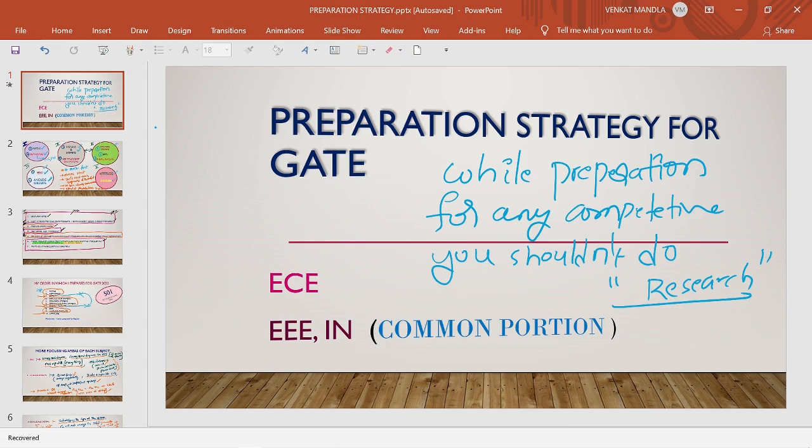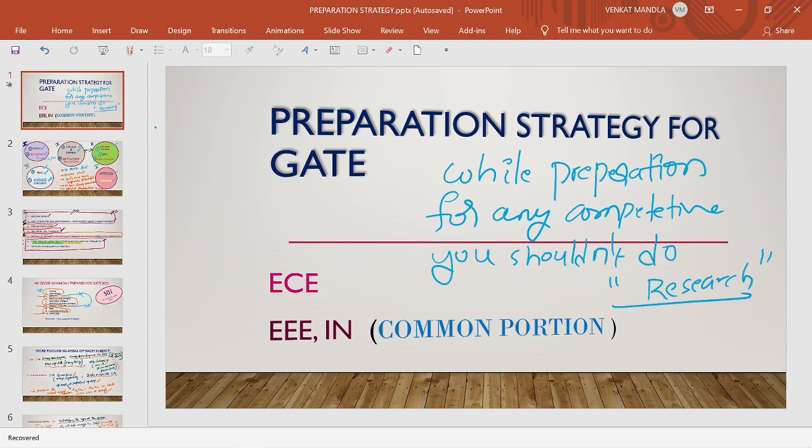You cannot do research, man, while preparation. Okay, so that will take a large amount of time. Okay, so I know while preparing, while studying for the first time, we will get so many doubts in our mind. Okay, I know, but you have to move on.